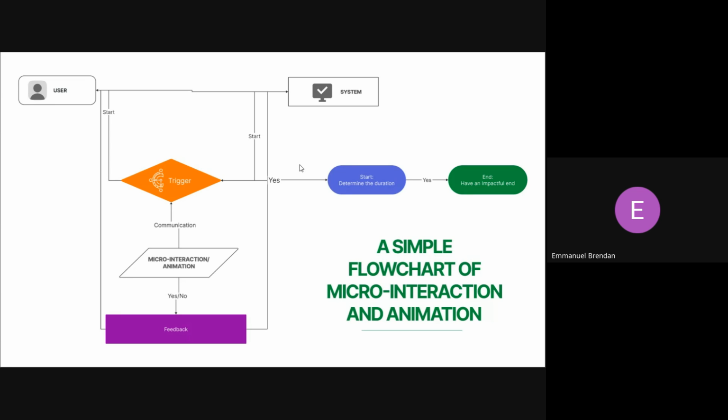So when you get to the trigger, you need to be sure how many yeses and how many no's, right? So the start, you need to determine the duration. How many seconds, how many milliseconds is it going to take for this thing to pop? How many seconds is it going to take for this thing to go off the face of the user, right? So after that, you have the end of the trigger, and definitely it should be an impactful end.